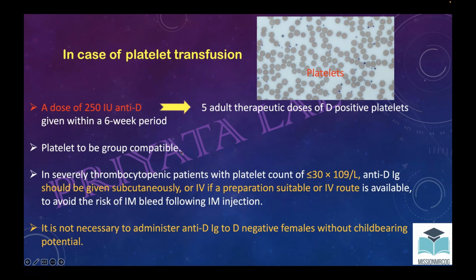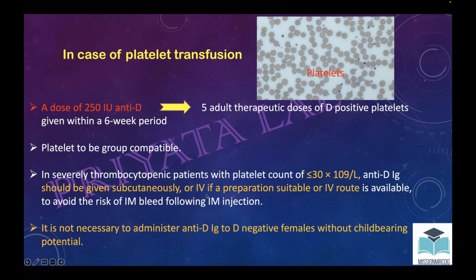And if the patient has a low platelet count and you have to give anti-D, then we know that if the patient has thrombocytopenia, IM injections are usually avoided because there could be hematoma. So either the anti-D would be given subcutaneously, or an IV preparation to be given.